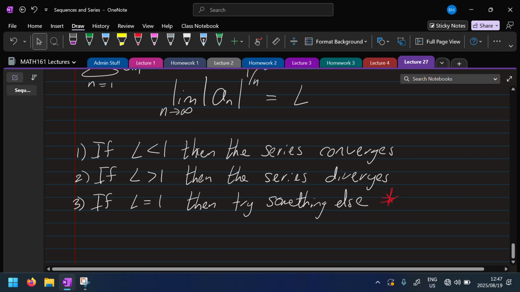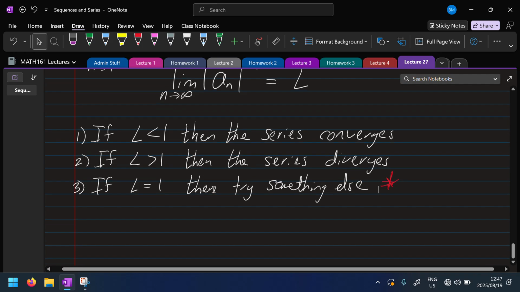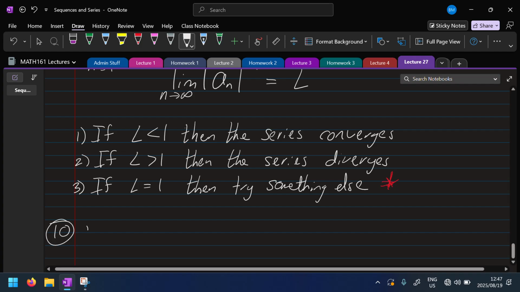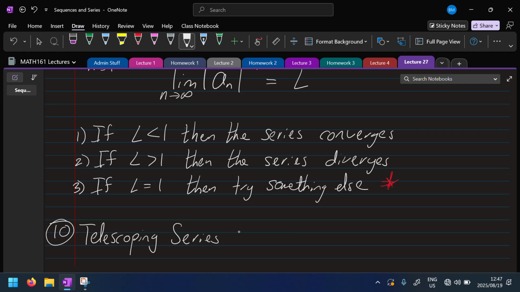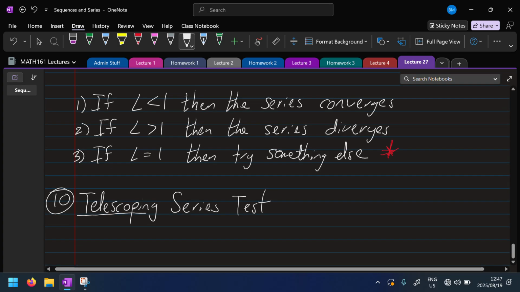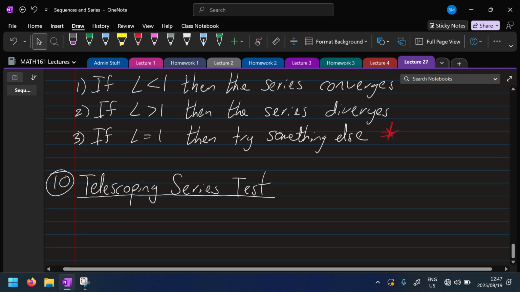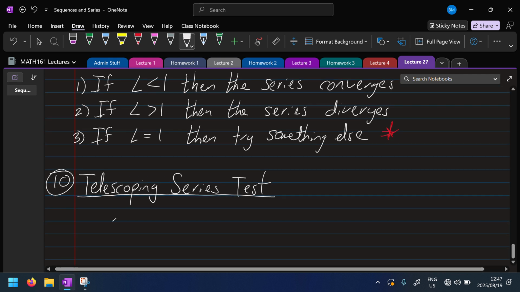And then finally, number 10, the telescoping series test. This is a very special case of a series. We have some series with a_n, like before.